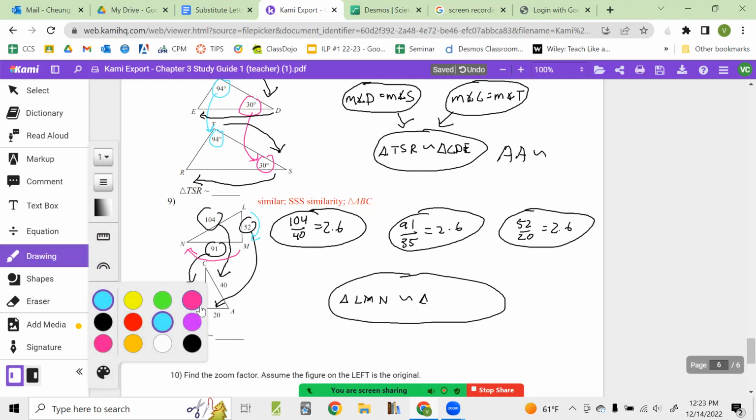So then the smallest one was AB, the middle one was B to C. So ABC. And this is SSS similarity. Ah, man. And the arrows. Arrows.